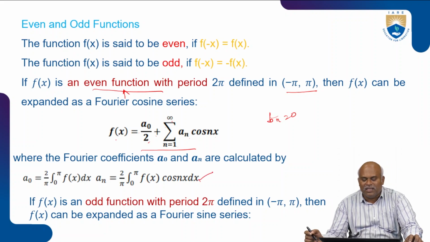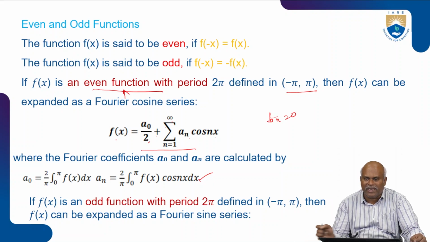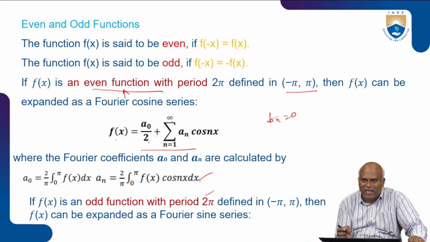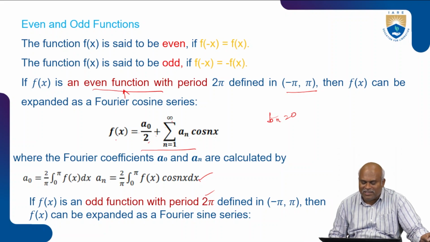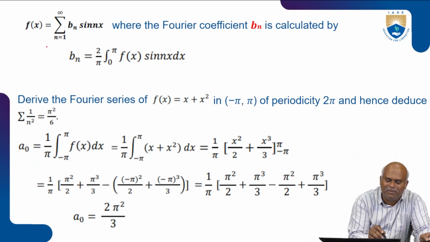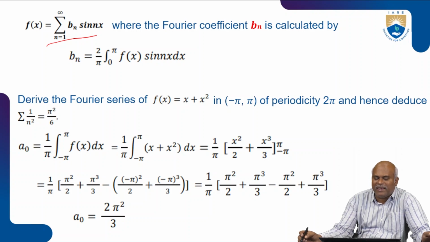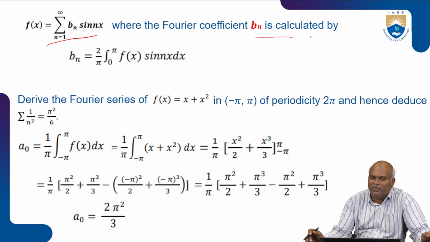Next condition, if f of x is an odd function with period of 2 pi, defined from minus pi to plus pi, then f of x can be expressed as a Fourier sine series. Here f of x equals the summation of only the b of n term, n equal to minus infinity to plus infinity of b of n sin nx, where b of n is the Fourier series coefficient.